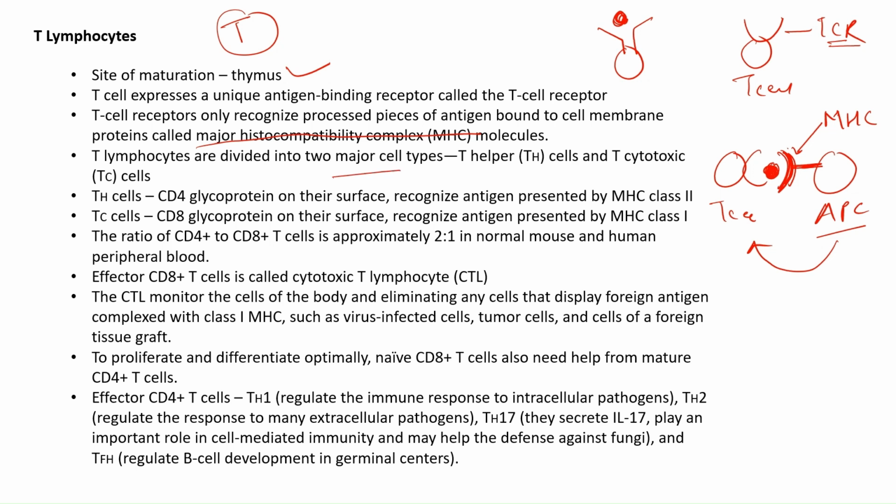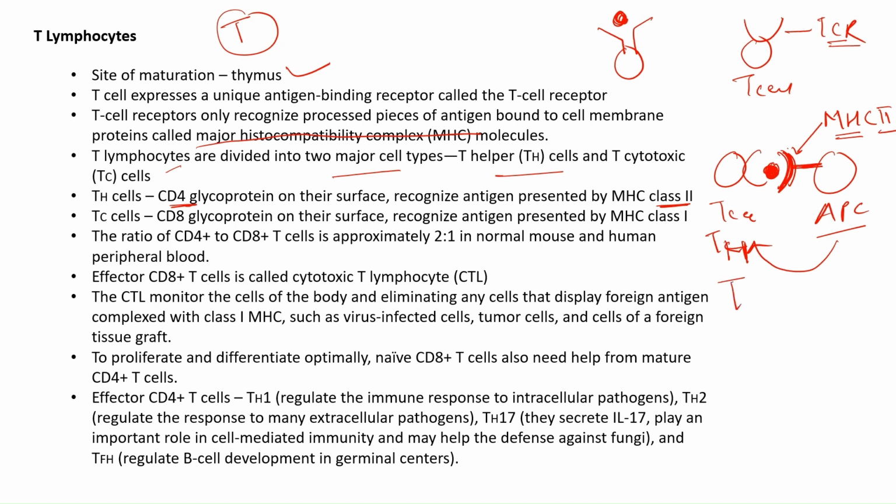Now T cells have two major divisions, TH cells and TC cells. TH cells, as we learned in the last slide, contain CD4 on their surface, and they recognize antigen presented by MHC class 2. If this T cell is a TH cell, then this MHC is class 2 MHC.